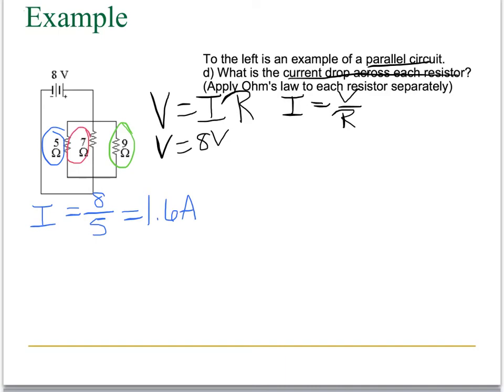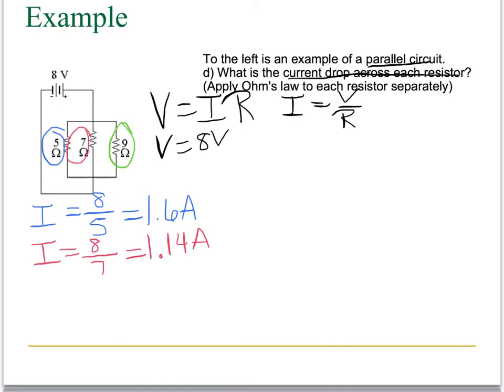Then for our red resistor, we have a voltage of 8 volts and a resistance of 7 ohms. So our current will be equal to 8 divided by 7, which equals 1.14 amps.